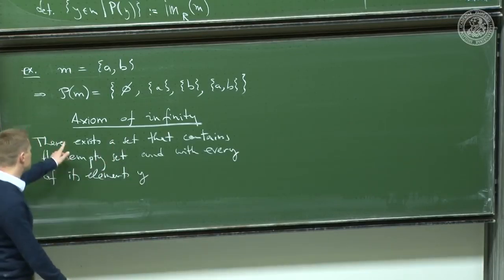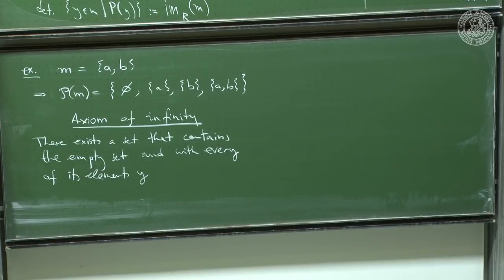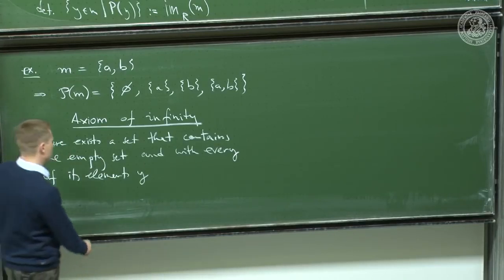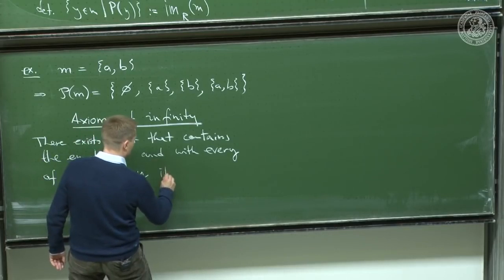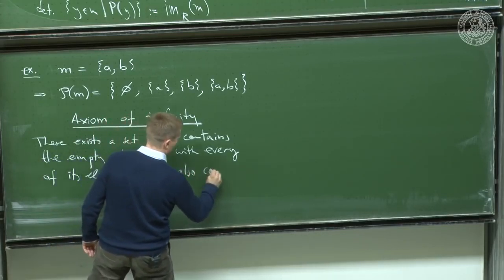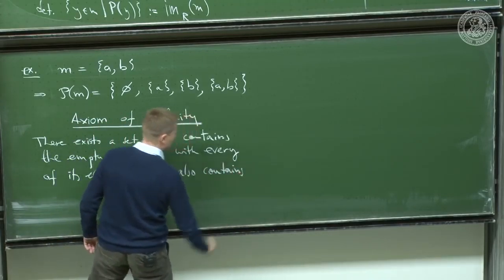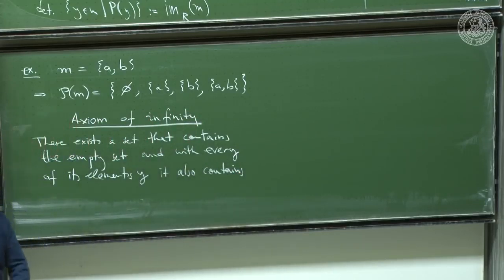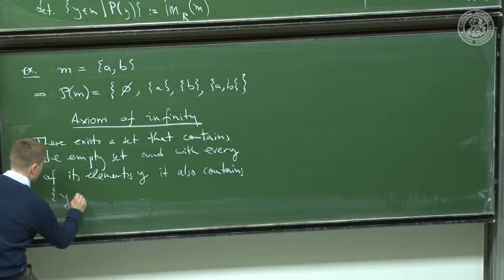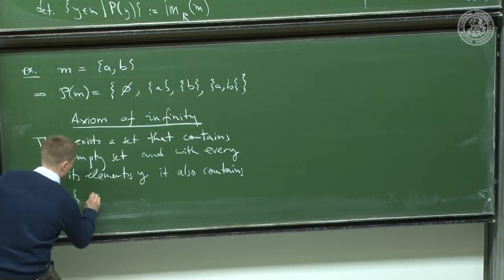This refers to the elements of the set whose existence is postulated, and with every one of its elements y, it also contains, always meaning contains as an element, the set with the element y as an element.